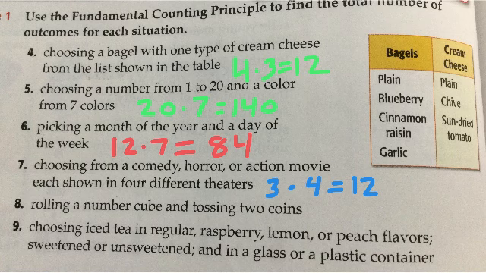So first, I've got to roll a number cube. There are 6 possibilities. Now, tossing 2 coins. That means there are 2 for the first coin and 2 for the second coin. So it'd be 6 times 2 times 2, which is 24 different possible outcomes.